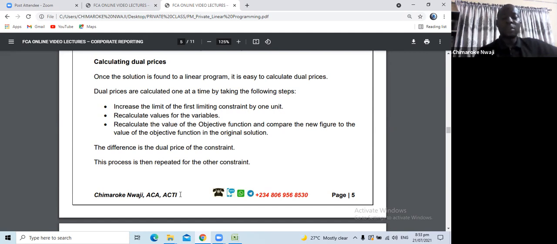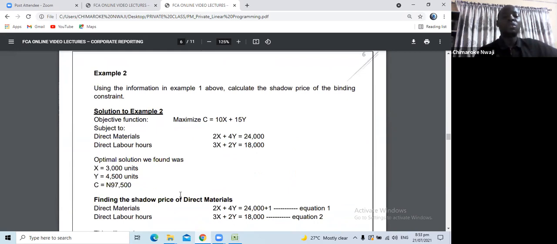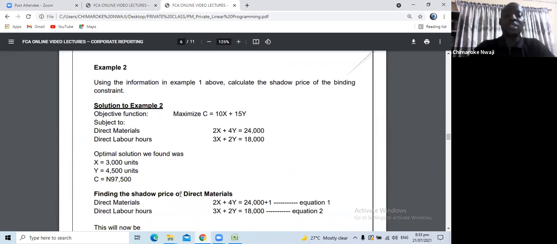Let's see how we're going to do that in a question here, question number 2. Using the information in example 1, calculate the shadow price of the binding constraint. Now we've calculated that our binding constraints were material and labor, there are 2, fine, and the optimal solution was X equals 3,000, Y equals 4,500, C equals 97,500.